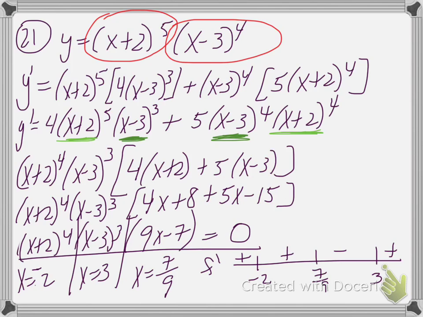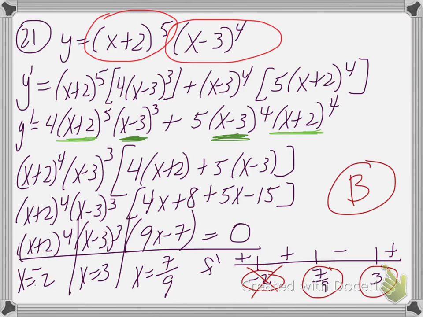So if you look at -2, you can see there was no sign change, therefore that's not a critical point. If you look at 7/9, there is a sign change, so therefore that's a critical point. And then if you look at 3, there was a change. So there's a critical point at x equals 7/9 and x equals 3. So that means that there's 2 of them, and the answer was B.